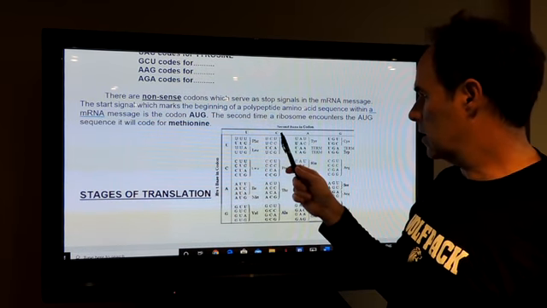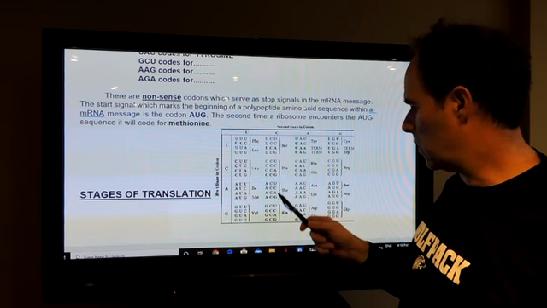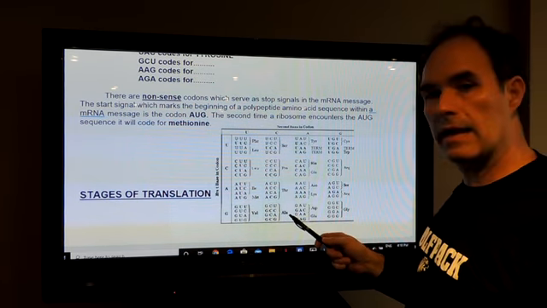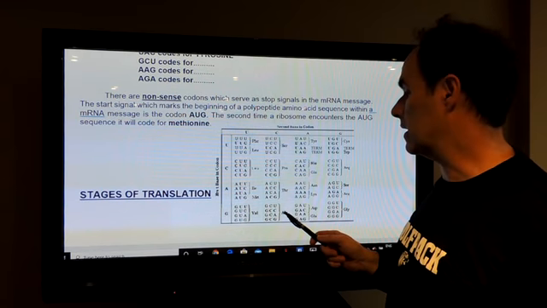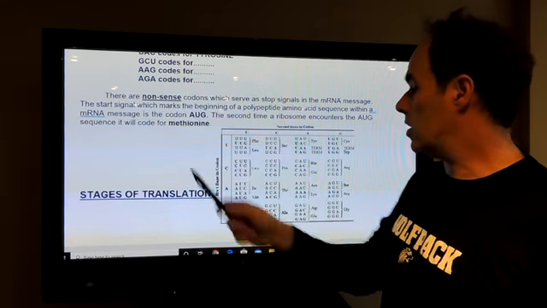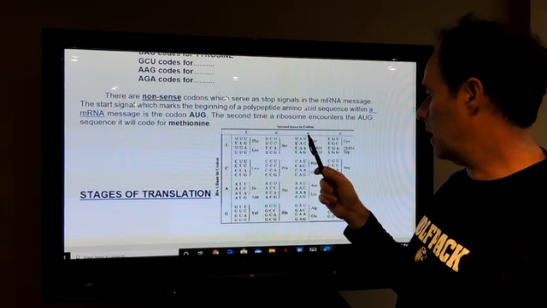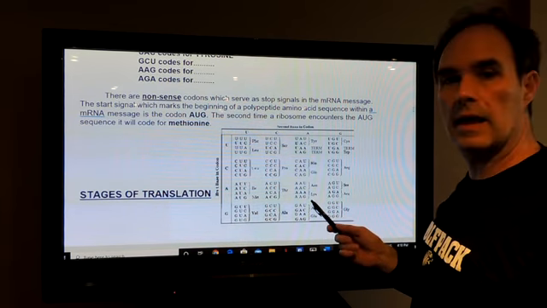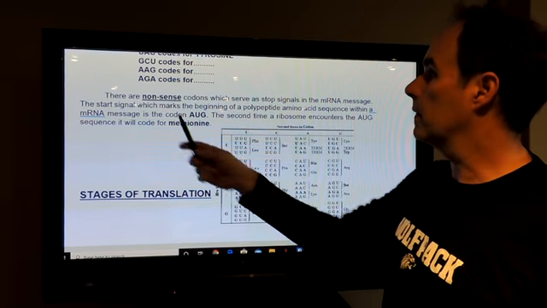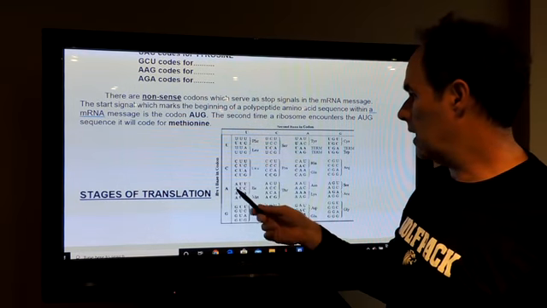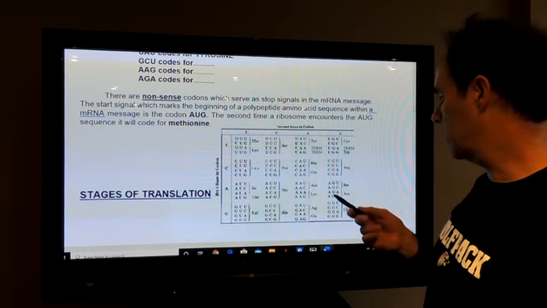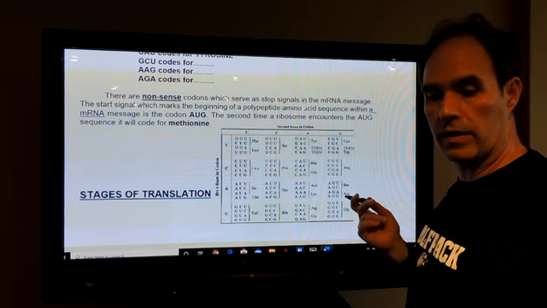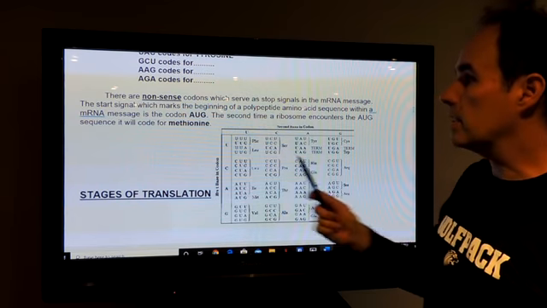G, C, U. Alanine. ALA stands for alanine. AAG. Lysine. And finally, AGA stands for arginine.